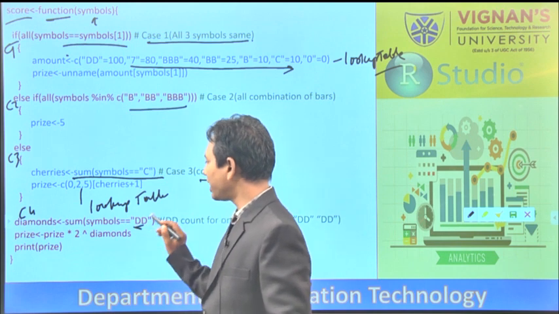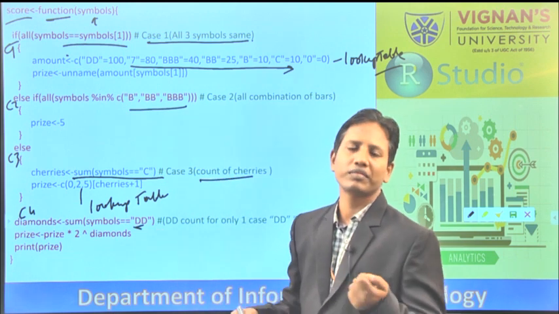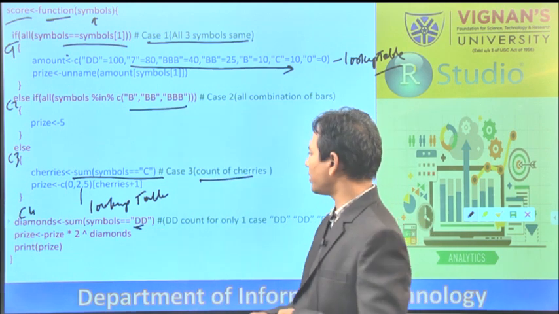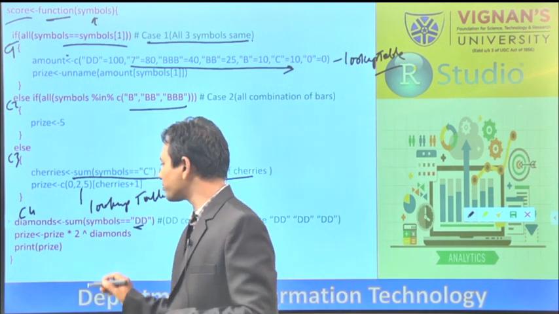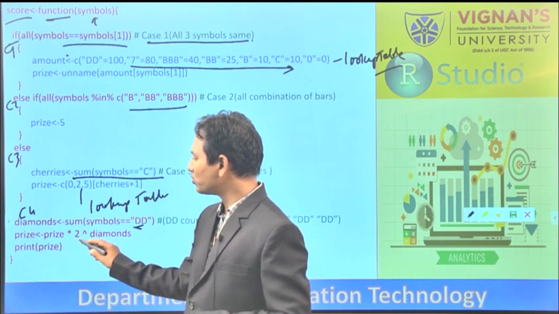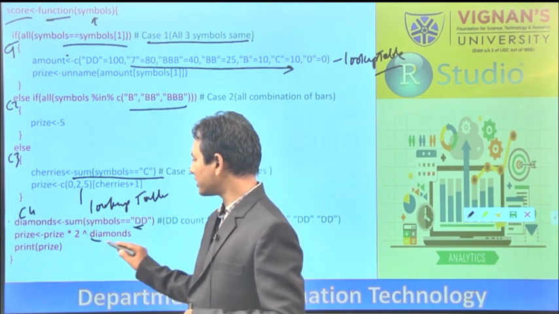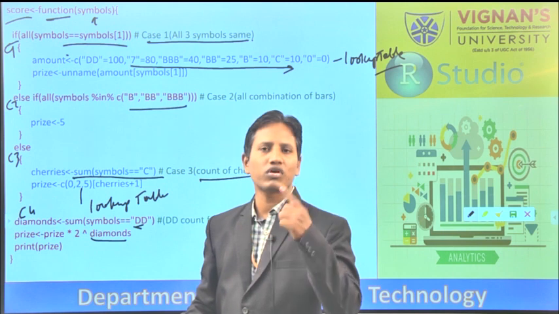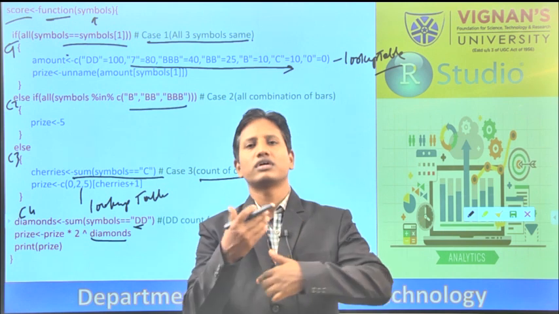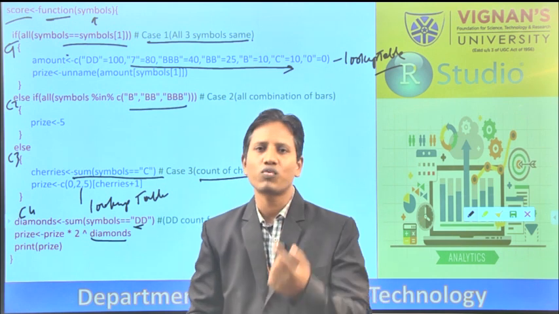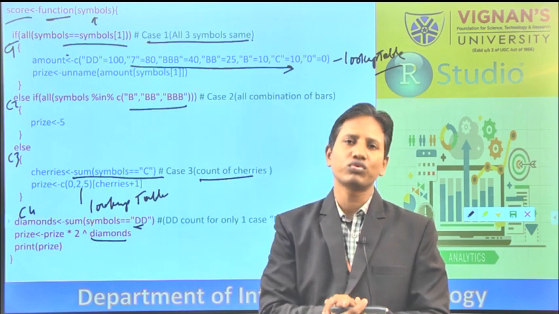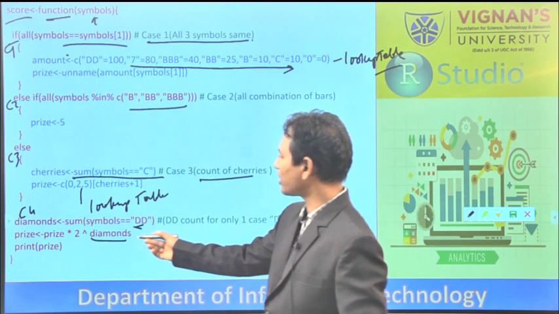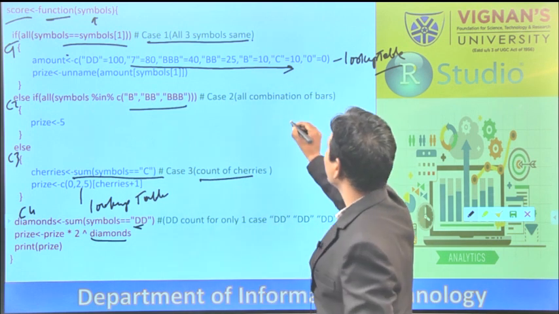Sum of symbol equal to D: how many diamonds are available? Based on that, we double the prize money. Prize money into 2 to the power of diamonds. If a diamond is available once, that power happens only once. If available 2 times, the power of 2 happens. Let us see how it is happening.